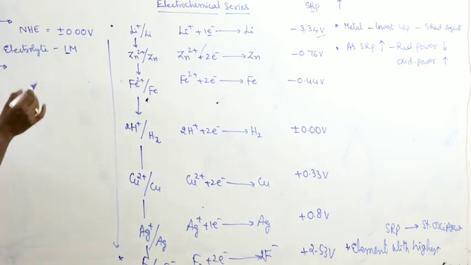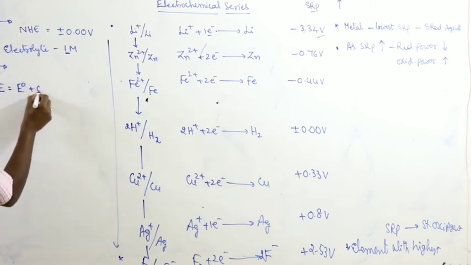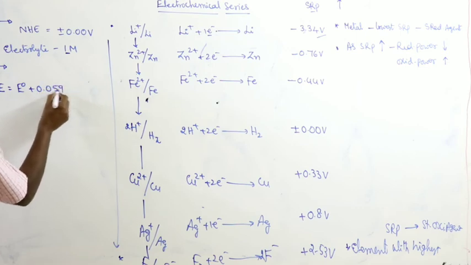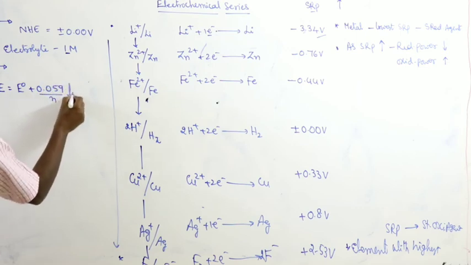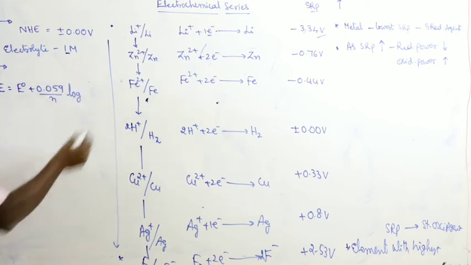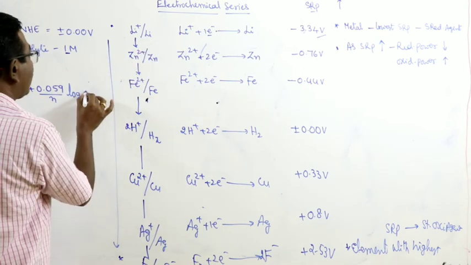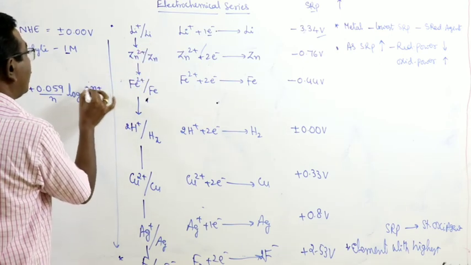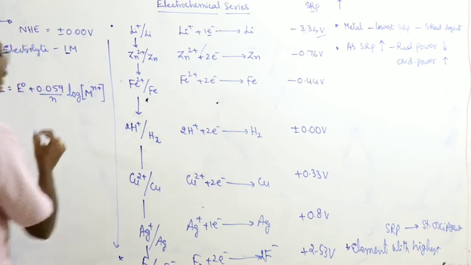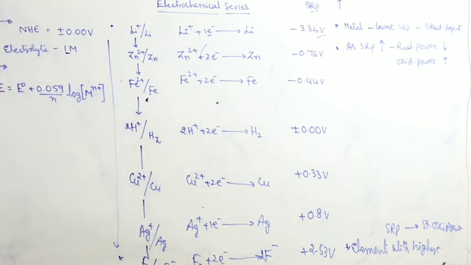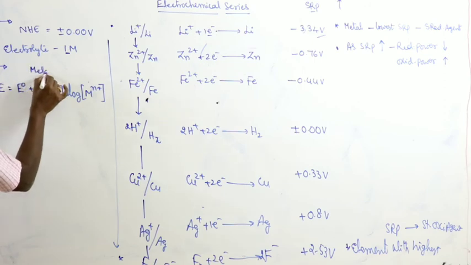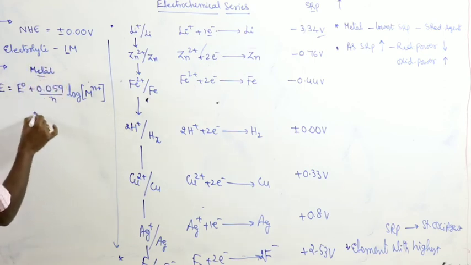Then the formula used to calculate the electrode potentials is E = E° + (0.059/n) log [M^n+], the concentration of ions, M to the power n+. This is for the metal.